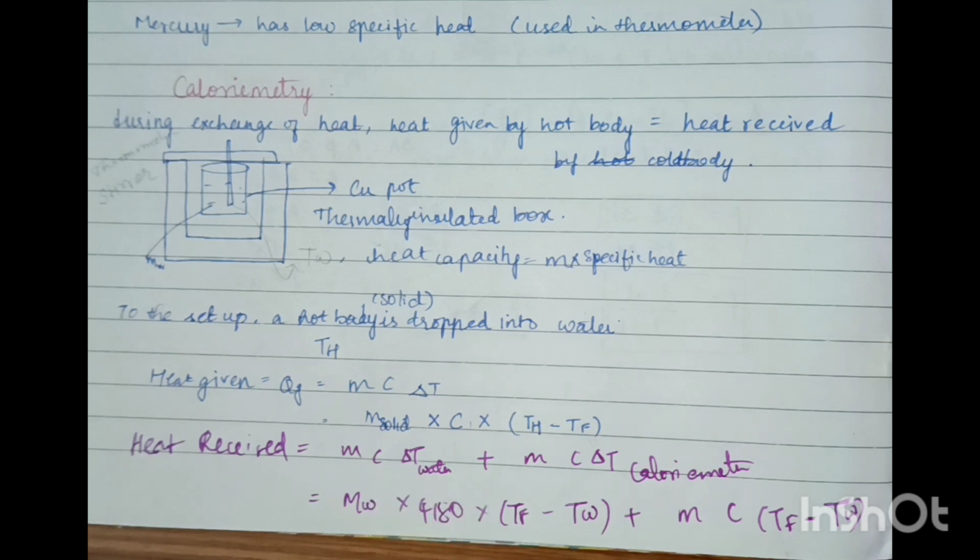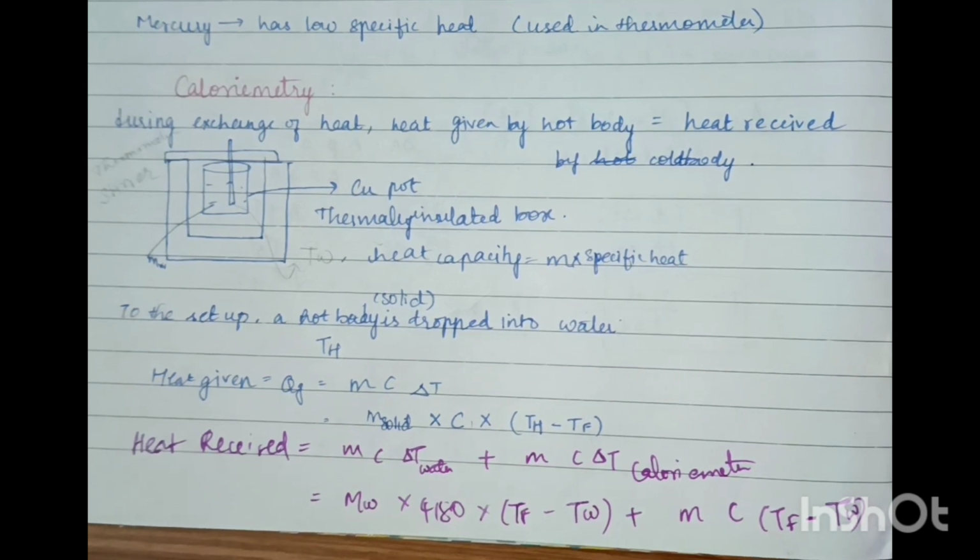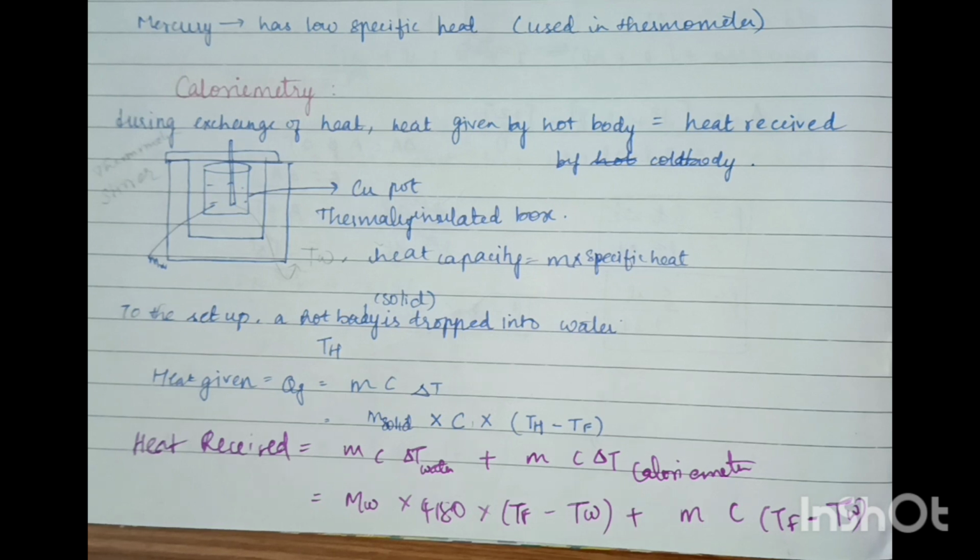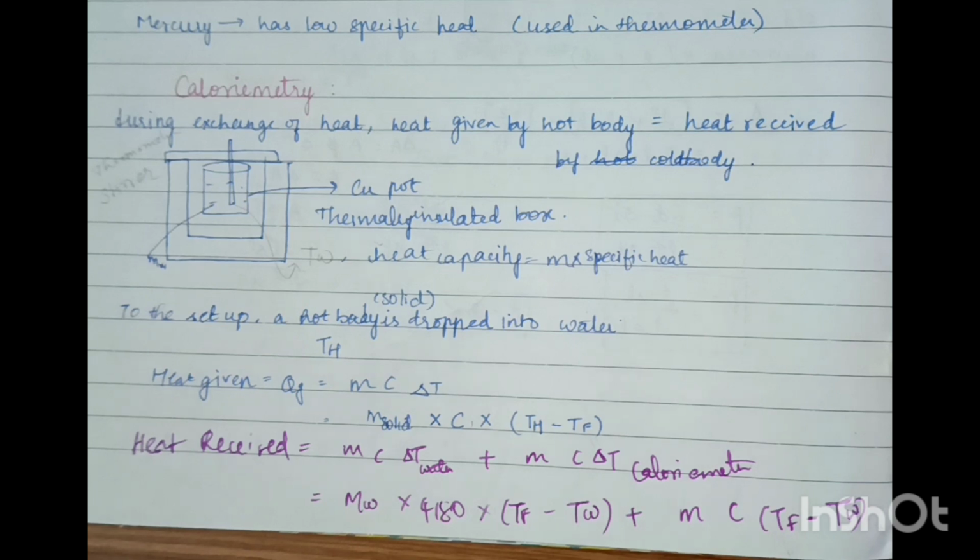So here again, as I told you, higher temperature minus lower temperature. Generally delta T means T final minus T initial, but for easy remembering, you can remember it is higher temperature minus lower temperature. So we know the water and calorimeter have gained temperature. If initially they were at 5 degrees Celsius and they gain 5 more degrees and become 10 degrees Celsius, then which is the higher temperature? 10 degrees Celsius is the higher temperature.